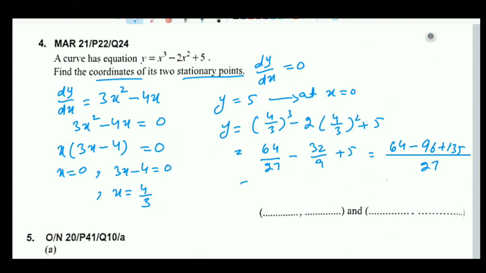So 103 over 27. So what is the answer? By x equal to 0 we got the value of y as 5, and by x equal to 4 by 3 we got 103 over 27.